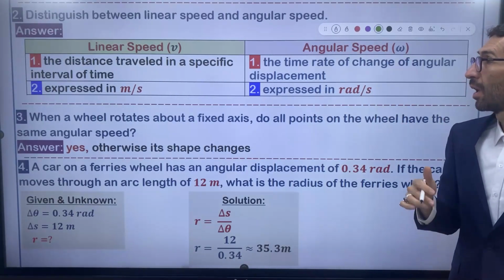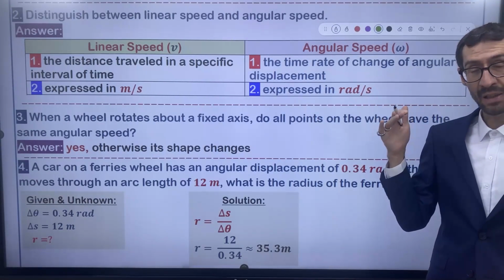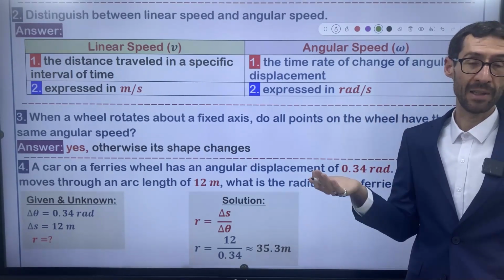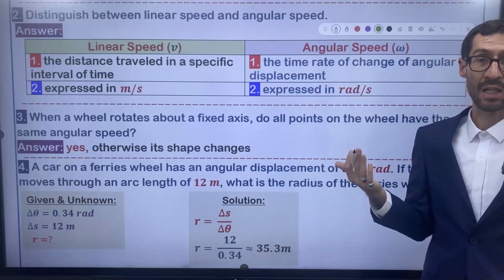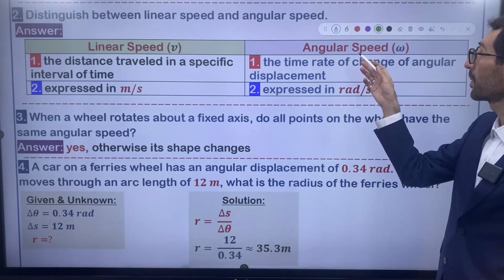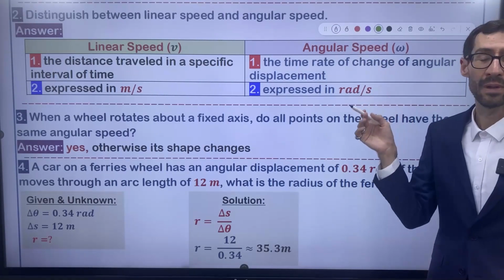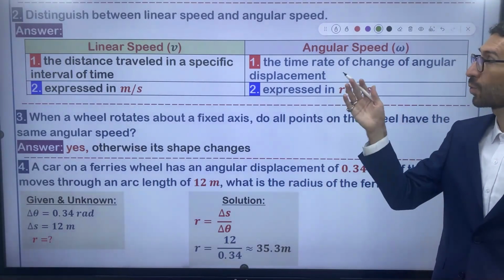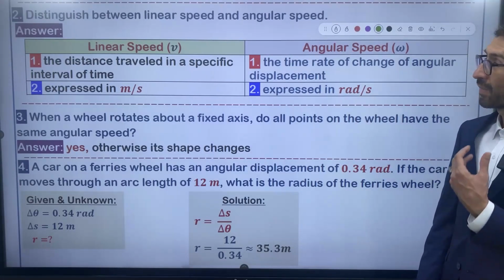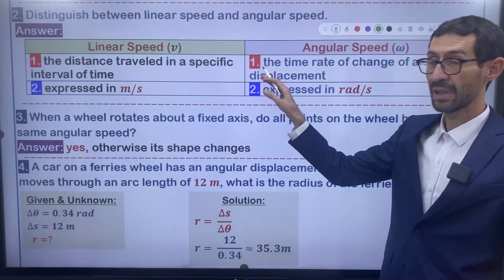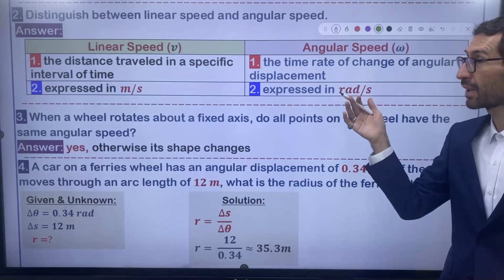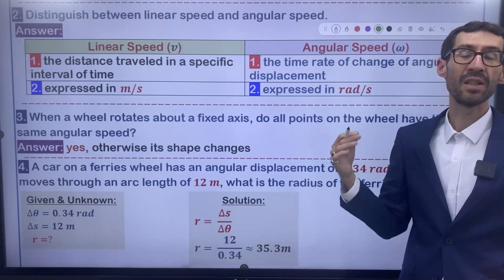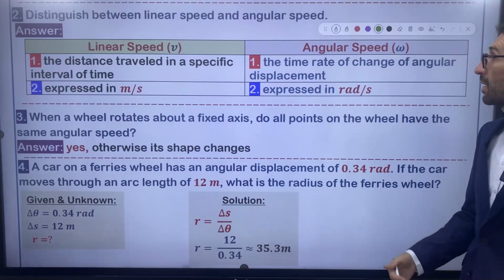By the end of this chapter, I'm sure you know a lot of information about angular speed. It's very easy. You can distinguish between these quantities, first of all, by defining each quantity, and second, by just mentioning the unit of each, right?